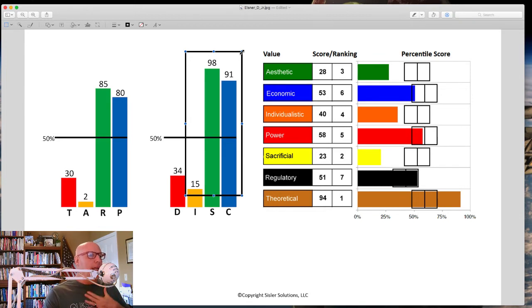So when your optimistic emotion is in play, you're emotional. When your optimistic emotion is less intense, you're logical.